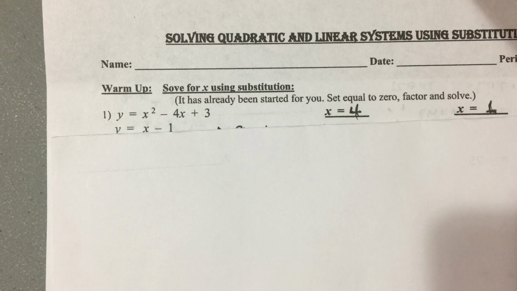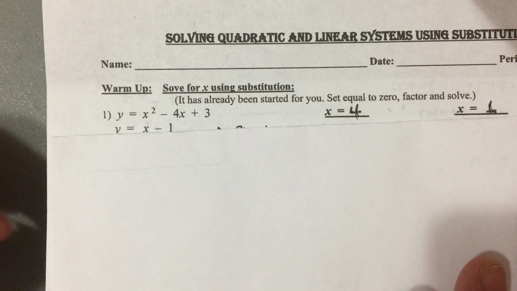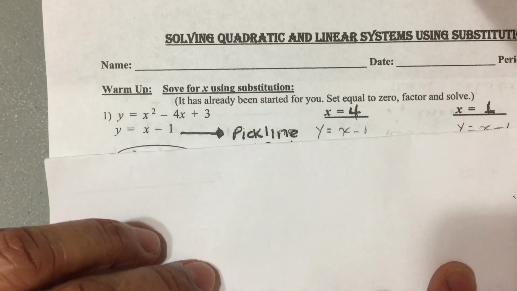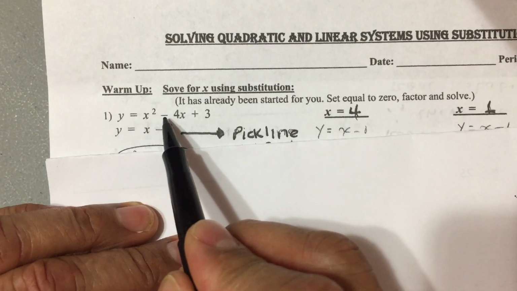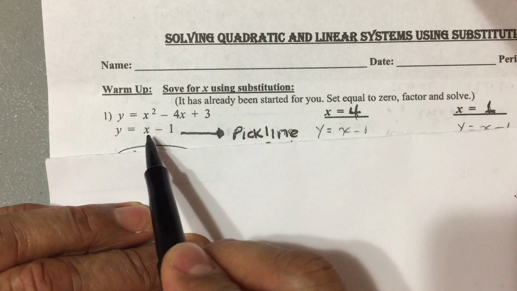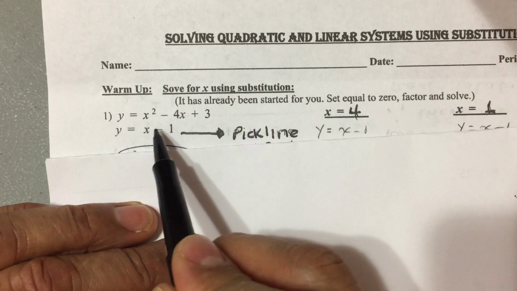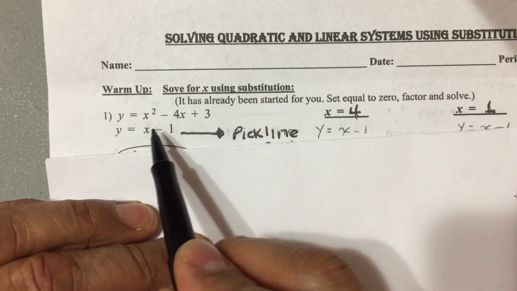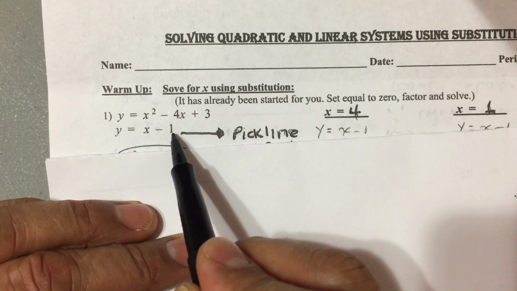Remember, this is a system of a quadratic and a line. If you notice, this one right here is a quadratic because it has the square. And this right here is a line because it has the linear term, which is x to the first, right? So remember, this is a quadratic and this is a line.